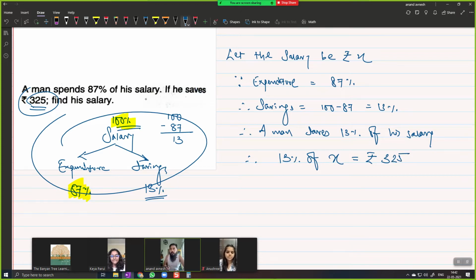Why? Because he saves rupees 325 and we just found the saving in percentage, 13%. So 13% of what is 325? 13% of the total salary. So this is the saving percentage, this is the total salary, and this is the total savings. This is how you form the mathematical statement. अब बताओ आगे सॉल्व कैसे करेंगे?